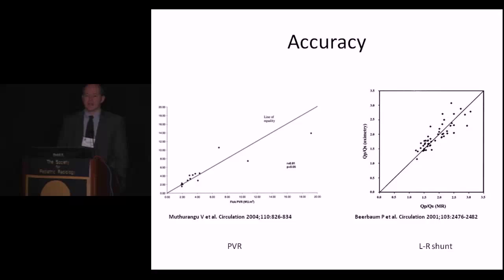But it's important to recognize your limitations, and we know that the accuracy of phase contrast diminishes when there's turbulent flow. And that's where it's important to use those other flow measurements that you made in the rest of the circulation in order to help you use an internal validation to recognize which measurements you've made are inaccurate.